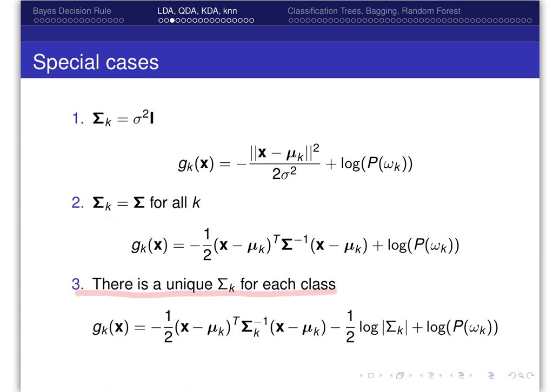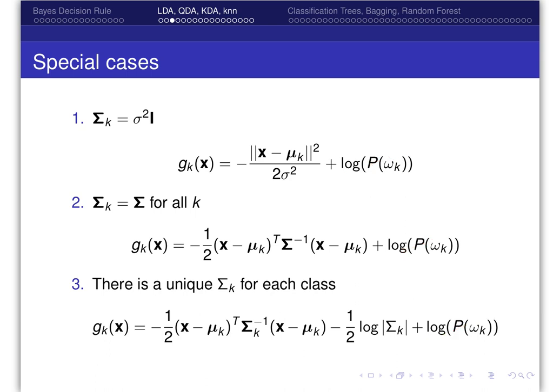For this special case where each class has its own unique variance-covariance matrix, only the second term is a constant term that can be omitted. Therefore, the decision boundary between two classes is described by a quadratic equation. In all three cases, if the prior probabilities are the same for all classes, the last term can be ignored.